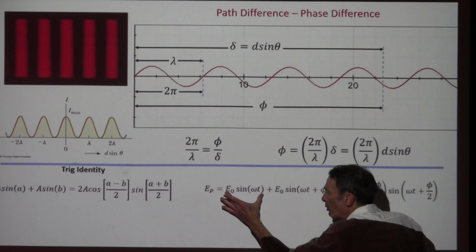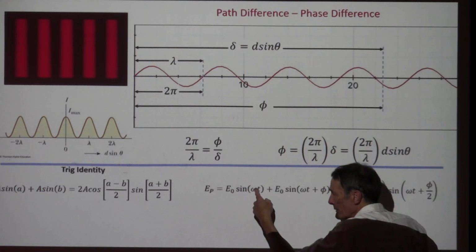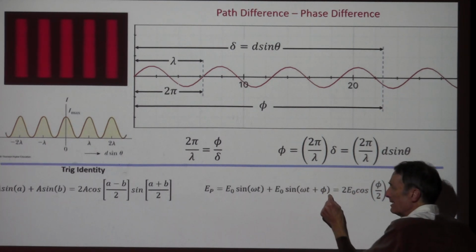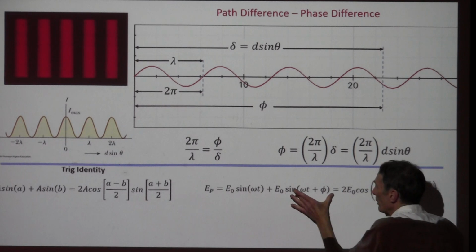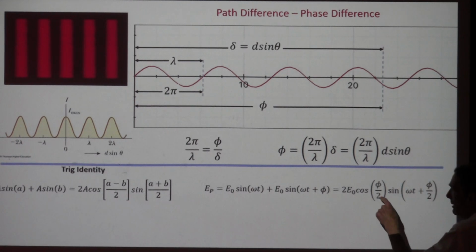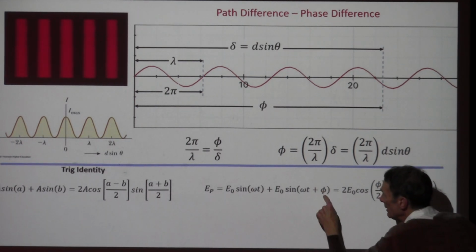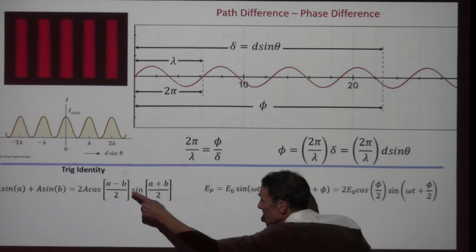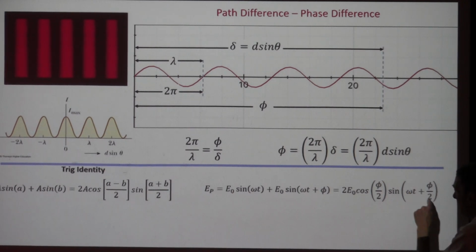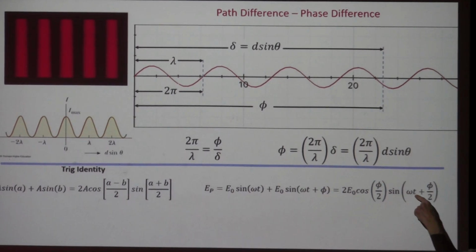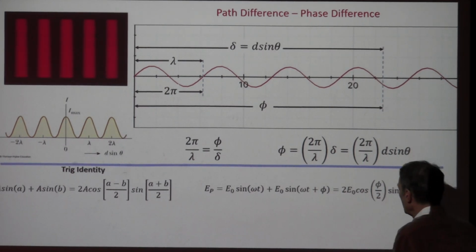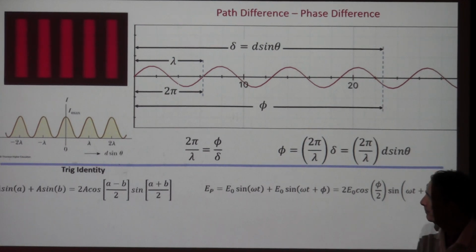One wave goes with some angular frequency, omega t, plus that same omega t plus this phase difference for the other wave. Here we can use the trig identity to get the differences between these two. The difference is just phi over 2. And when we add the two together, we get a 2 omega t, but we're dividing by 2. So we end up with omega t plus phi over 2. This is the more complicated expression for when you are out at some point.